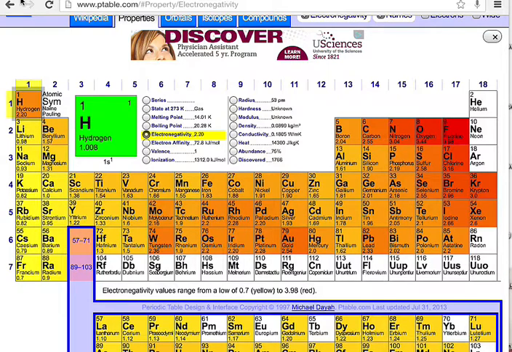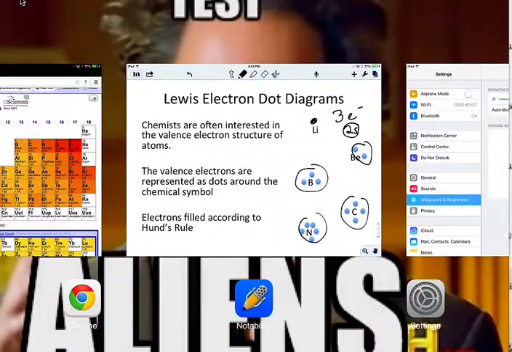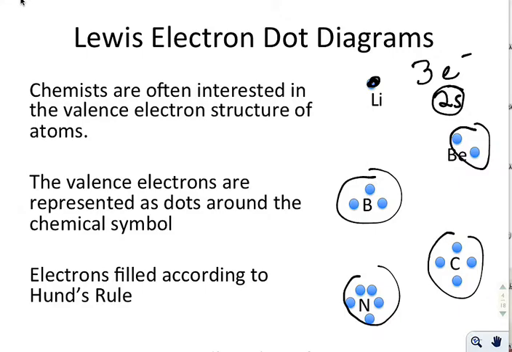When you skip all the way across the transition metals to 13, you see boron, and boron has 3 valence electrons, hence 13. Carbon has 4 valence electrons, hence 14. Nitrogen has 5 valence electrons, hence 15. So you can see that the valence electrons have a lot to do with the organization of the periodic table. And we do fill these electrons according to Hund's rule.